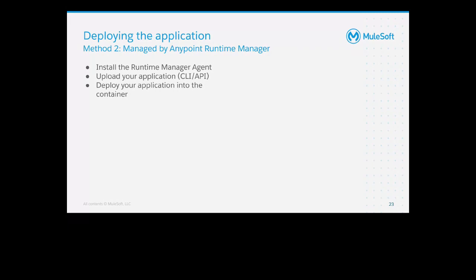And then you need to use the Runtime Manager, again, using the command line or the API, to deploy your application into the container, and then it's running, and then it's managed. So those are the two very different ways of deploying applications into a container.